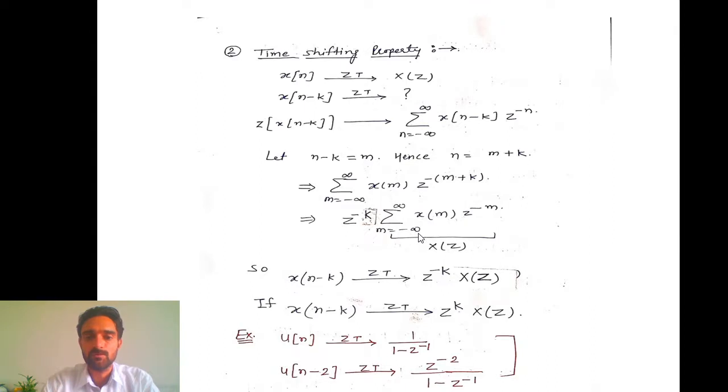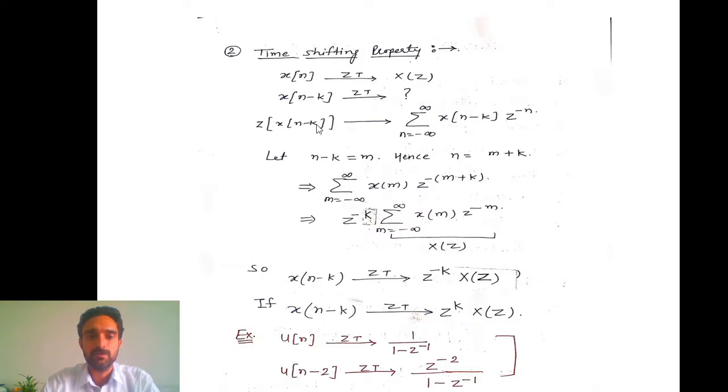Then the sum over m from minus infinity to infinity of x(m) z to the power minus m is the Z transform of x(m). So z to the power minus k times X(z) is the Z transform of x(n minus k), where the shifting factor is k points. So we have z to the power minus k X(z).